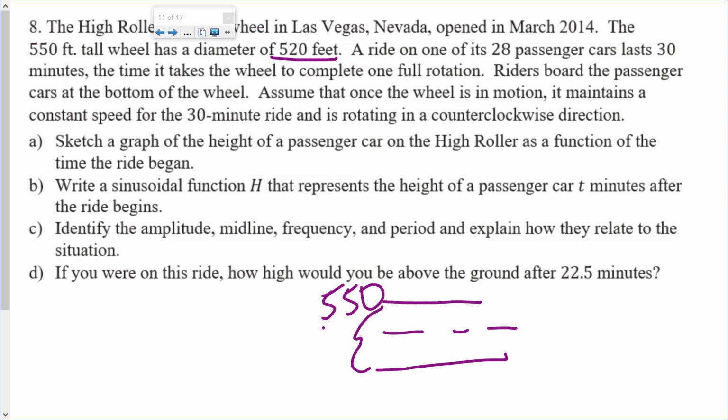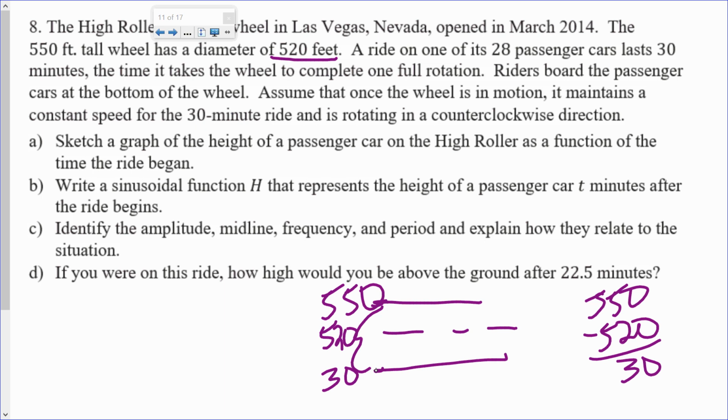If the diameter is 520, the distance from the max to the min is 520. So my minimum value is going to be 550 minus 520, which is 30. The diameter of the wheel is the distance from the max to the min. So I can subtract my diameter from the max to find my min.